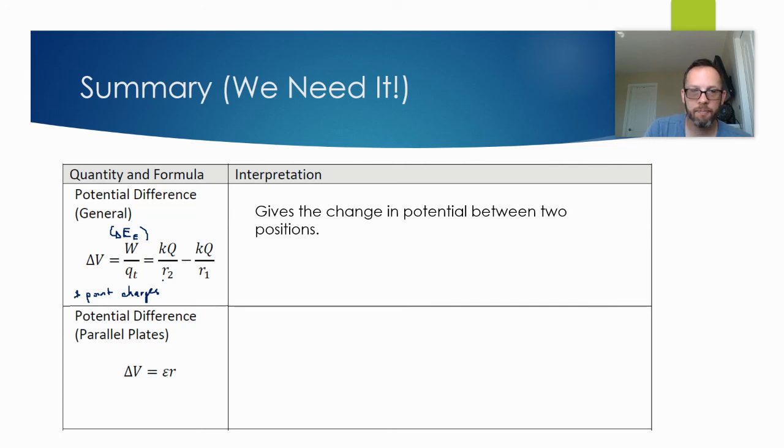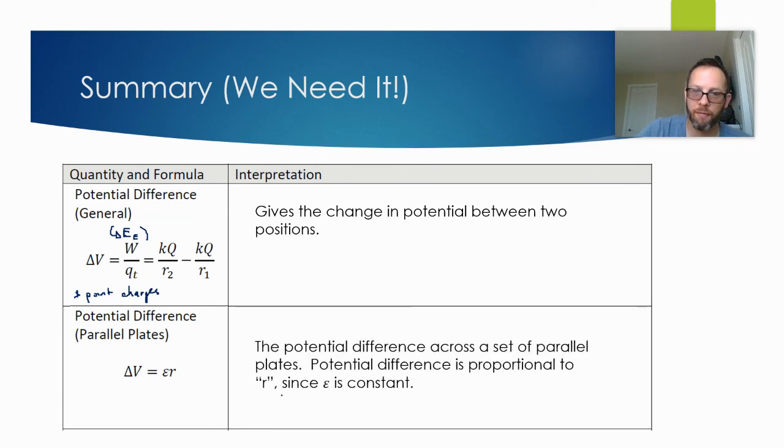Potential difference for parallel plates was different because the force and the field are uniform. That makes things different. We can't use our point charge equations. So we derive this new equation, delta V equals epsilon times R. So the change in potential depends on the electric field and R. And remember, since epsilon is constant, just like g is constant in E equals mgh, the potential difference depends on R. So you double the plate separation, you double the potential difference.